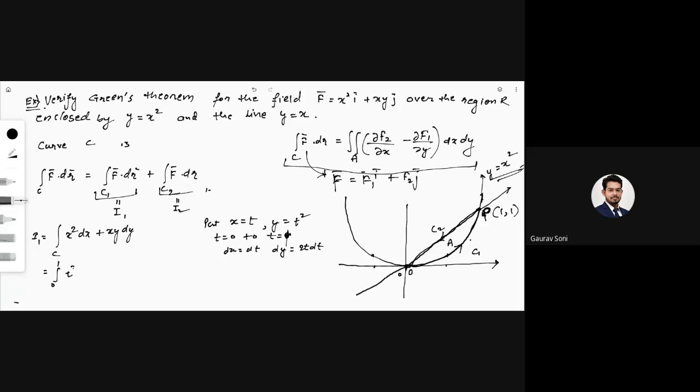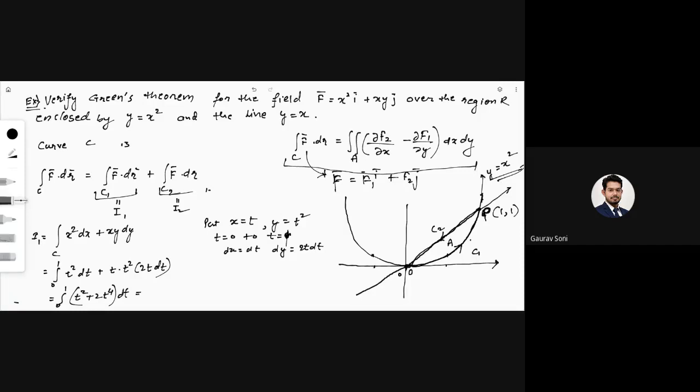So t square dt plus t into t square into 2t dt. So this is the integral from 0 to 1 of t square plus 2 t raised to 4 dt.